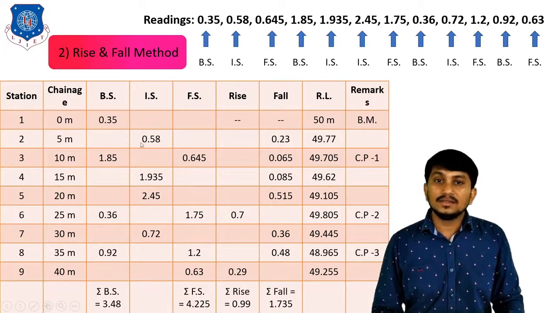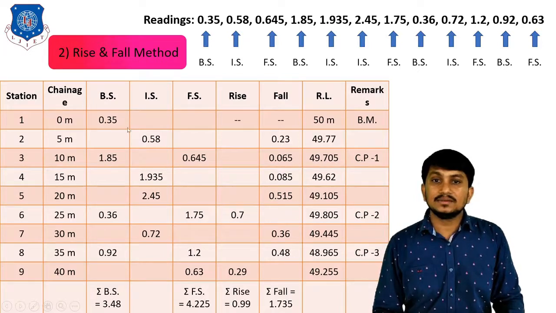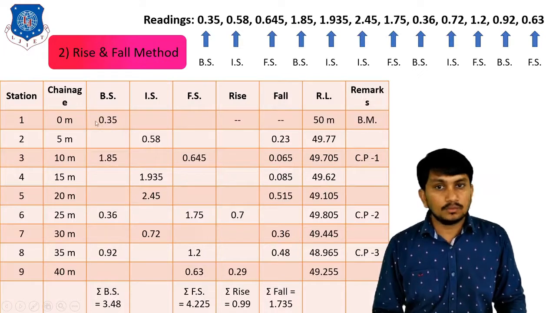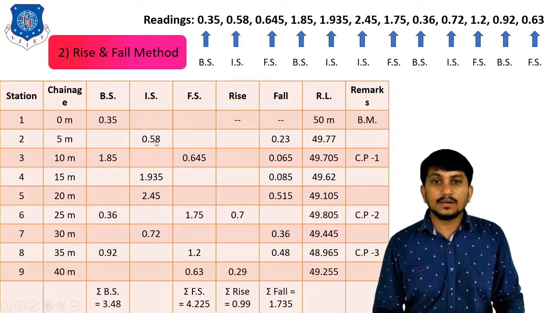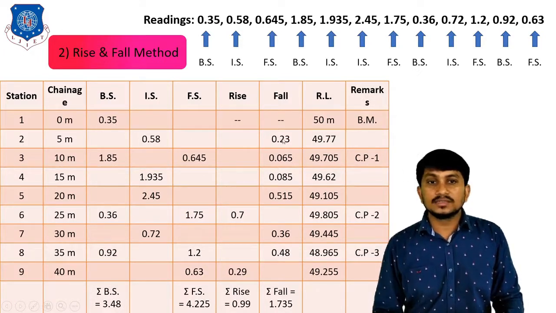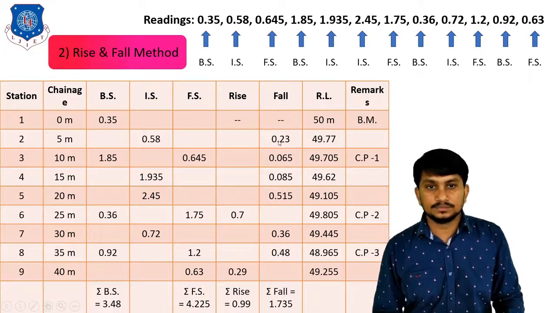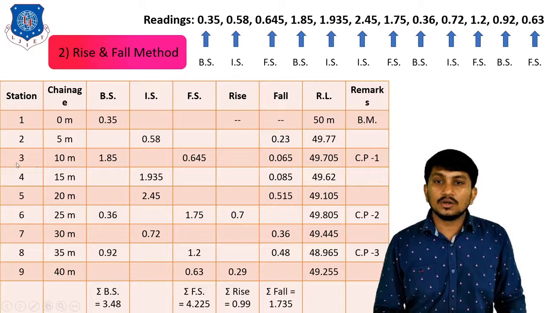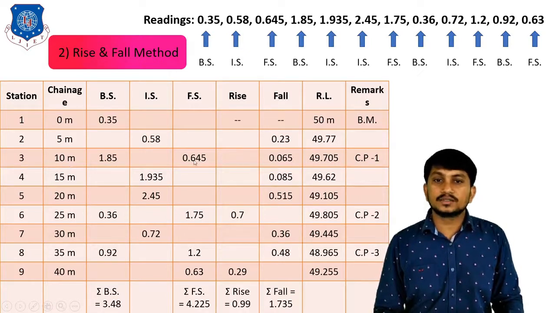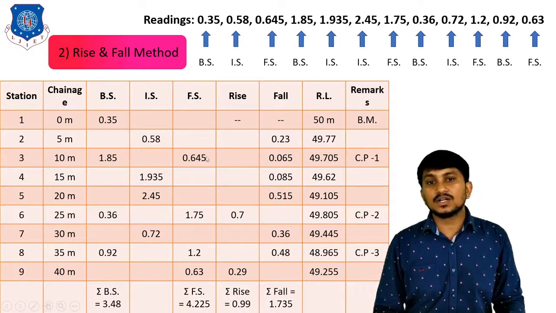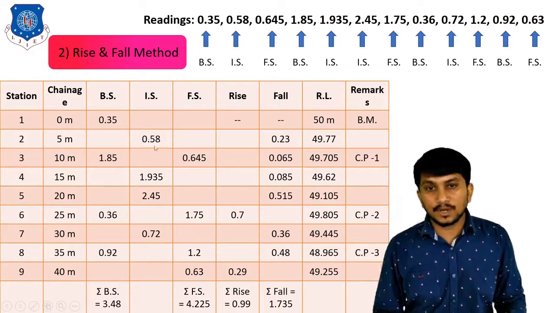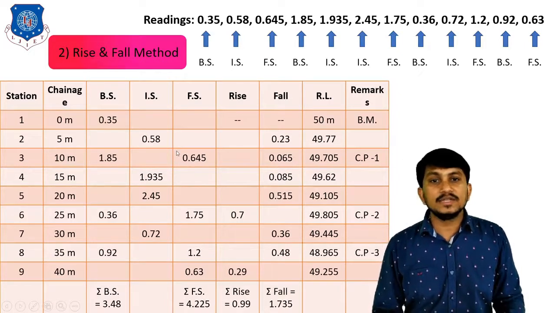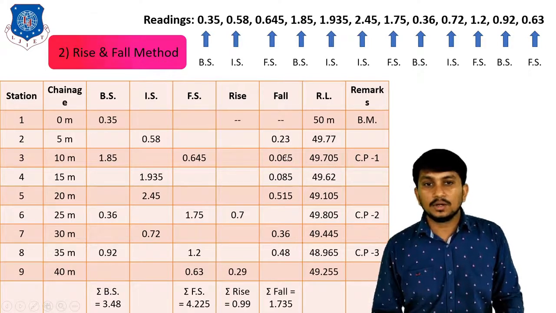When the difference is negative, it is written in the fall column, so it is written as 0.23 fall. Then to find the rise or fall of the third station, we deduct the reading of the third station from the preceding staff reading 0.58. So 0.58 minus 0.645 is negative, so it is written in the fall column.